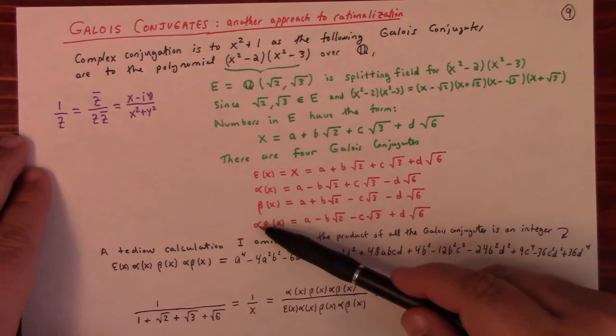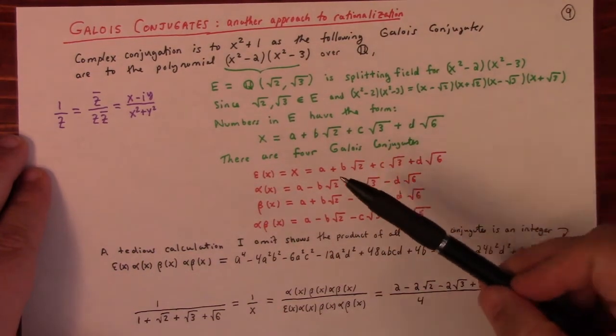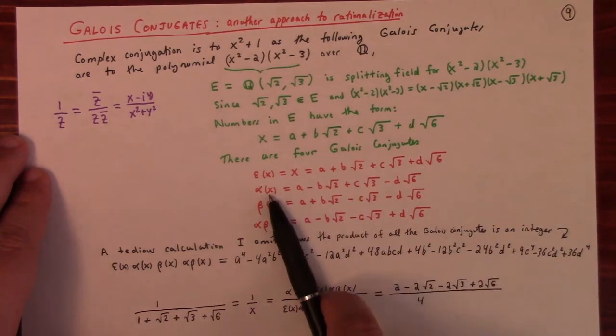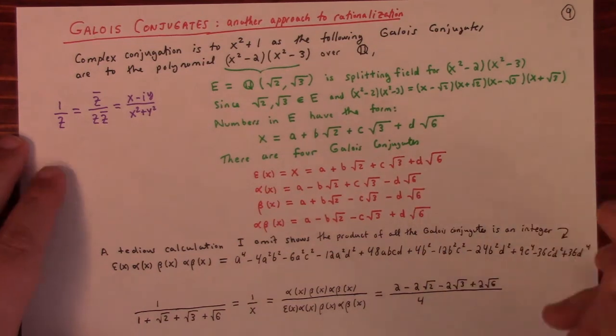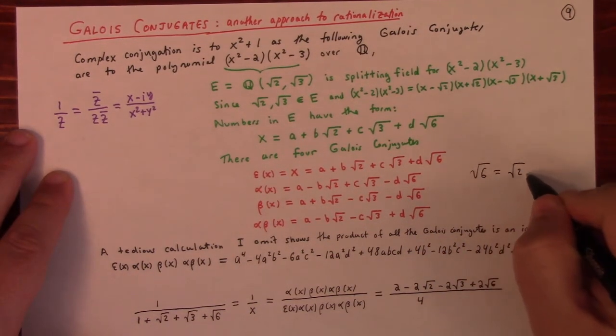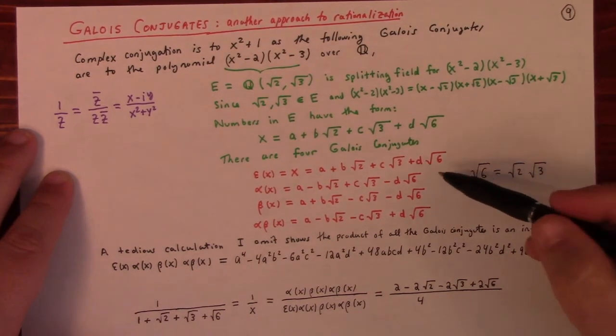Epsilon, alpha, beta, and the composition of alpha and beta is the fourth one. So epsilon does nothing. See, epsilon of x is just equal to x. All right. Alpha swaps the sign of the square root of 2 to minus root 2, so that also does that over here, because remember, root 6 is the square root of 2 times the square root of 3, so if it changes root 2 to minus root 2, it changes the sign of root 6.